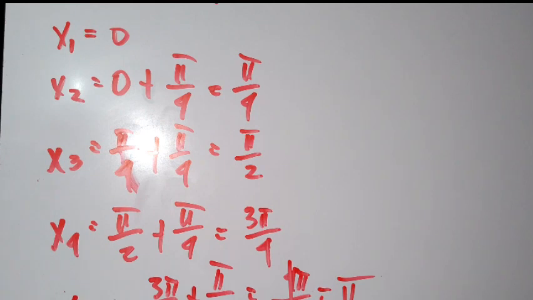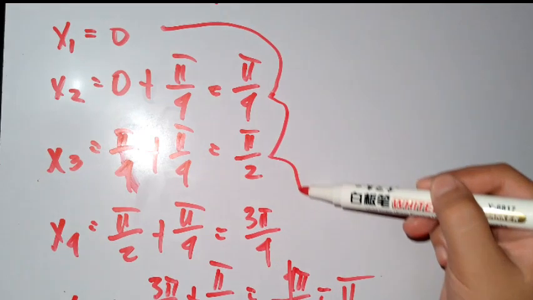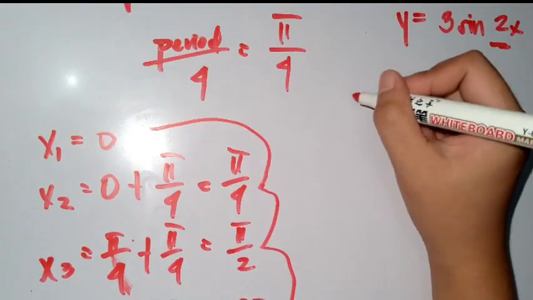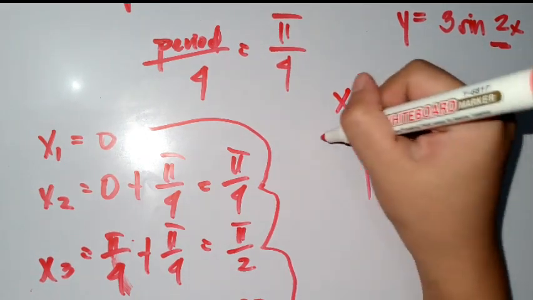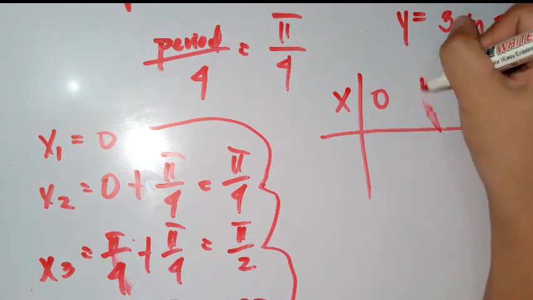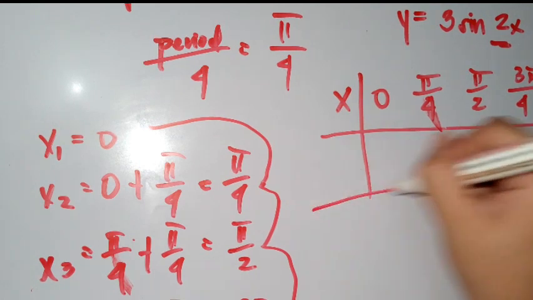So this is now our value of x. We have 0, pi over 4, pi over 2, 3 pi over 4, and pi. We're going to make a list of our x values.